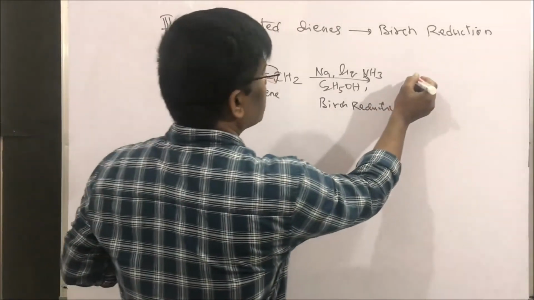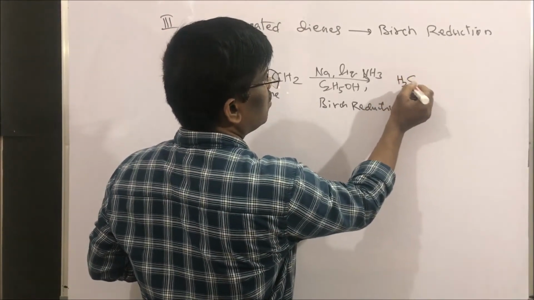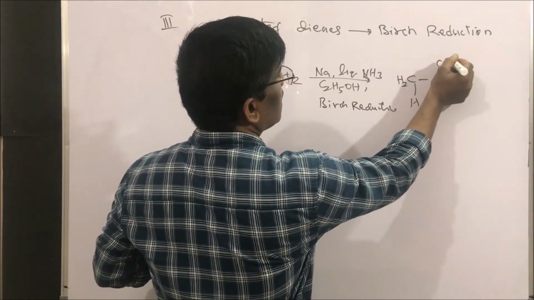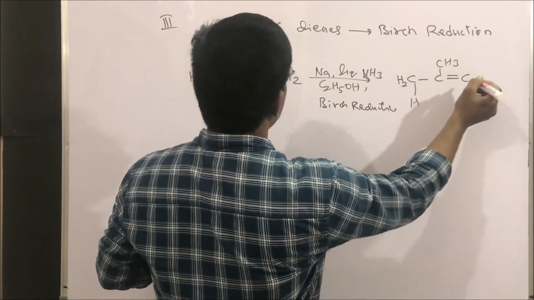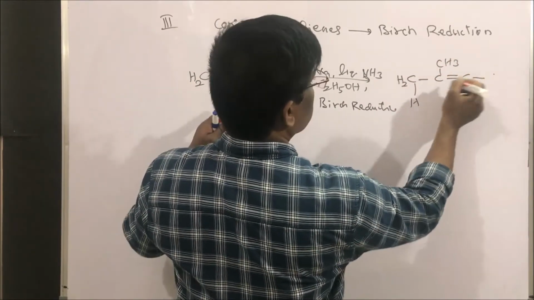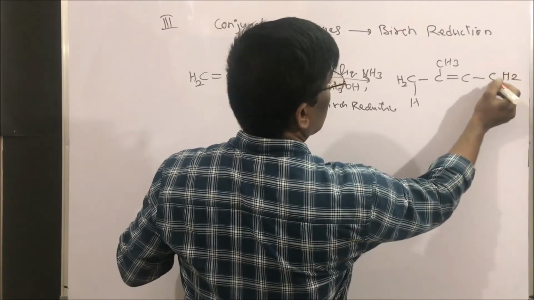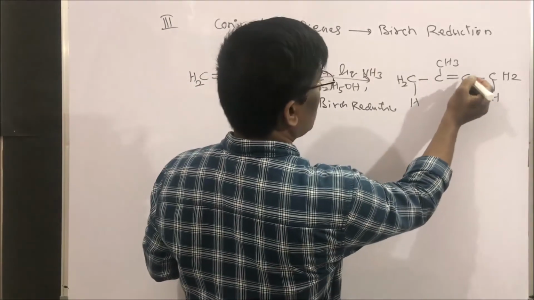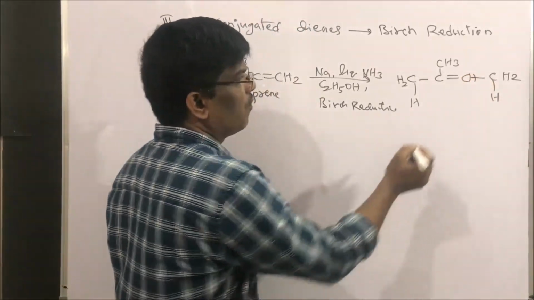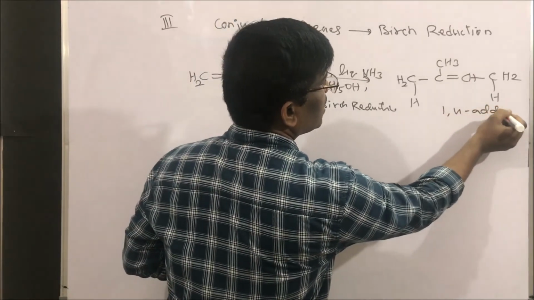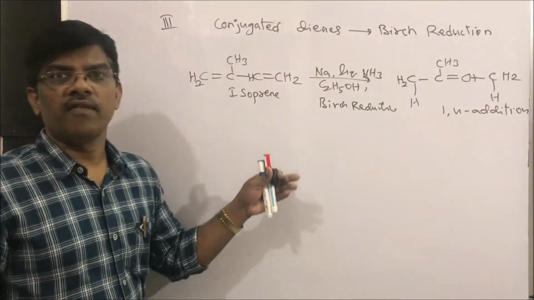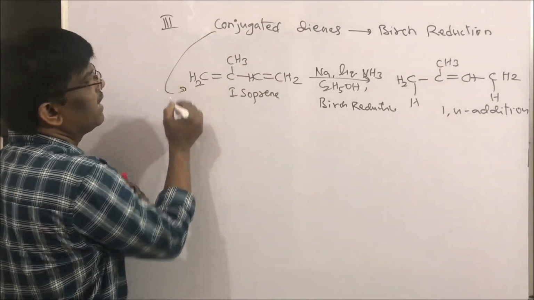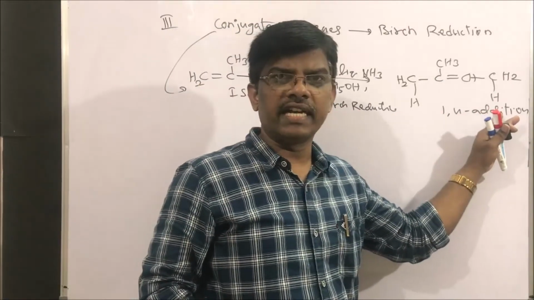We are going to get CH2, one hydrogen will be added here, CH3, double bond C, CH2, and one more hydrogen. The hydrogen is already here. So 1,4 addition takes place. 1,4 addition of hydrogen takes place in conjugated dienes. Isoprene is a conjugated diene, and 1,4 addition of hydrogen takes place.